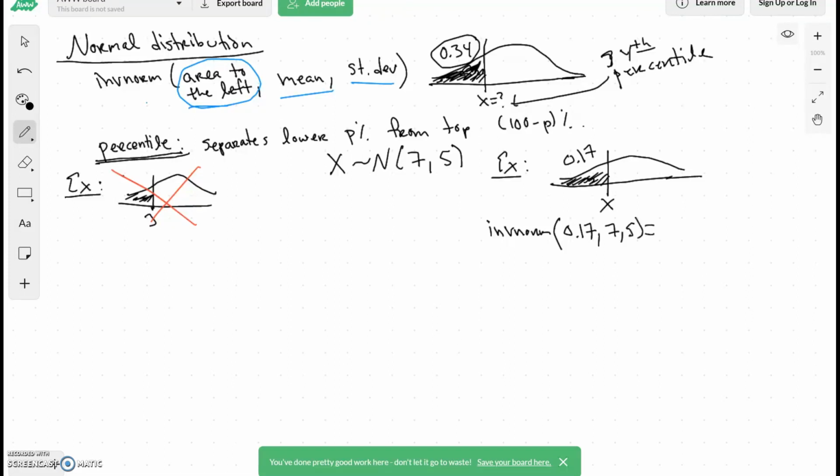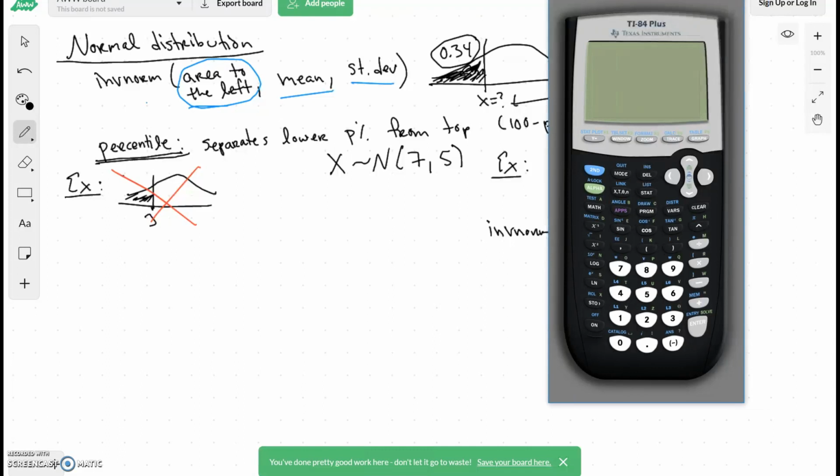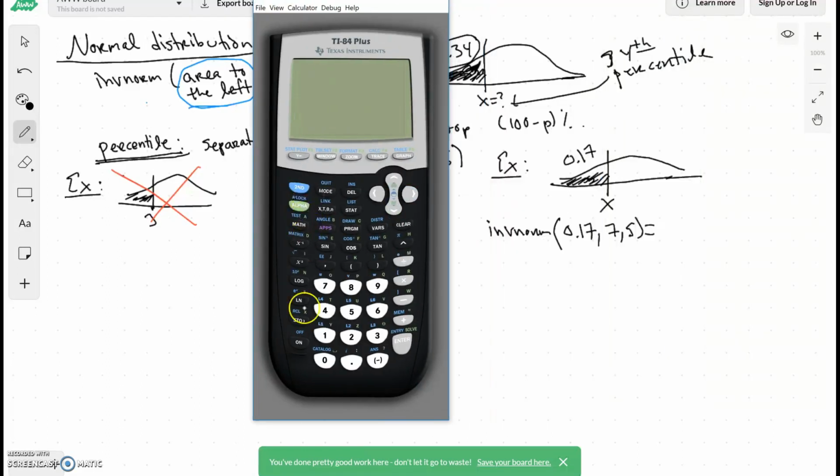So we're going to use our calculator, second vars, still the same thing, but looking for inverse normal. Area is in this case 0.17, the mean is 7, and the standard deviation is 5.